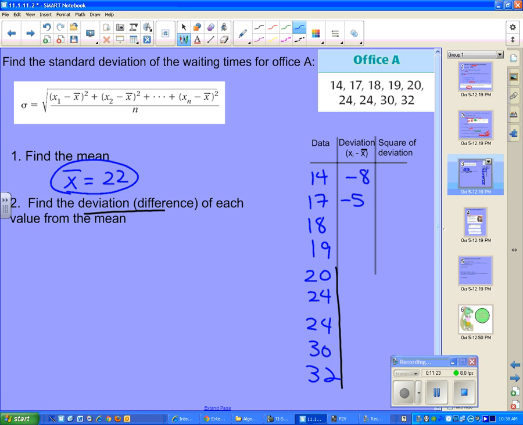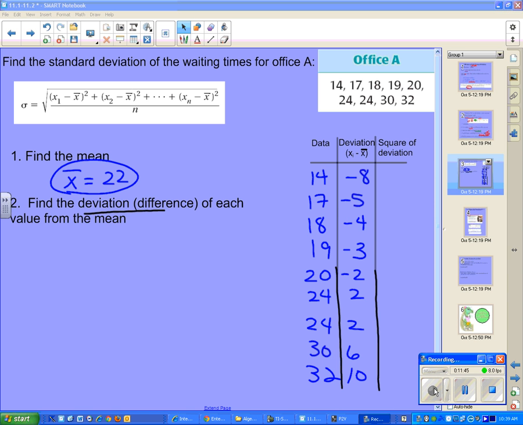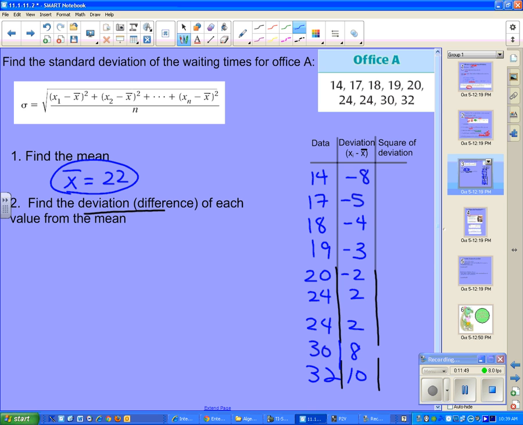You guys find all of those deviations, and then check my math up here to make sure that I didn't make a mistake. Any other ones that look wrong?